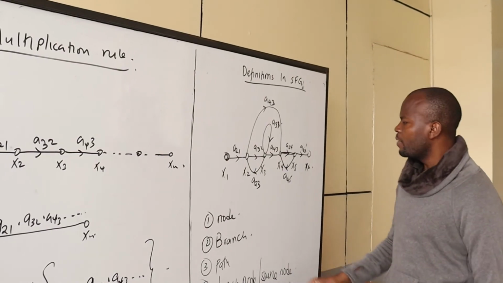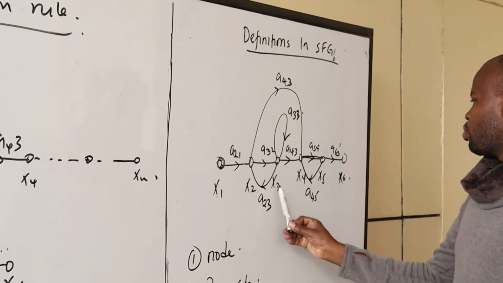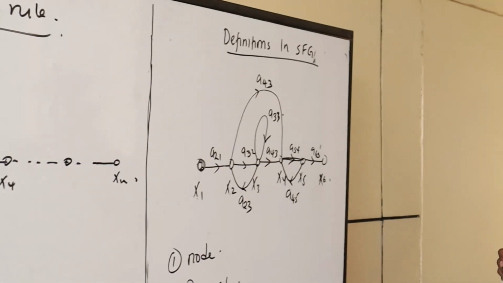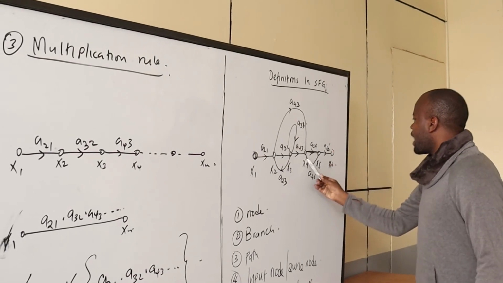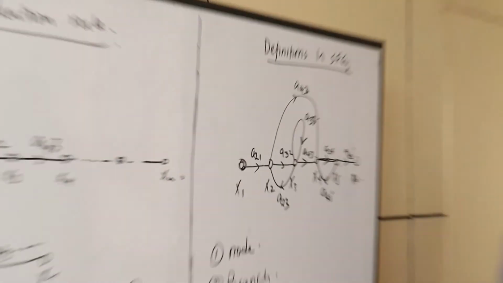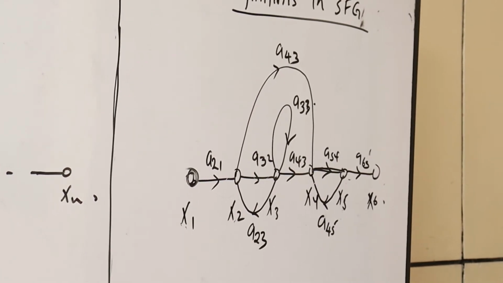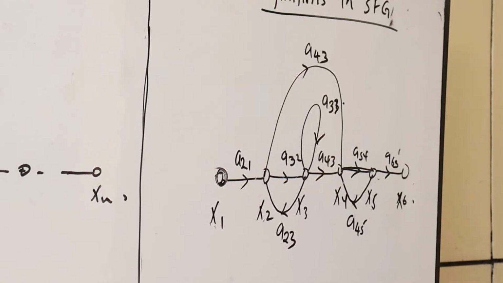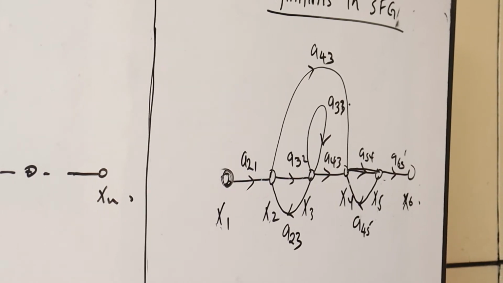One of the forward paths can be x1 to x2 to x3 to x4 to x5 to x6, or we can also have x1 to x2, then moving up there to x4 to x5 to x6, which is also a forward path. Just like in the definition of the path, it must not traverse a node more than once for it to be considered a path.